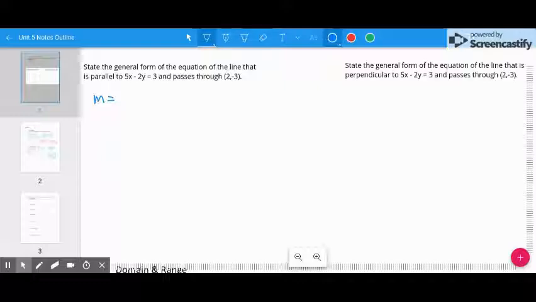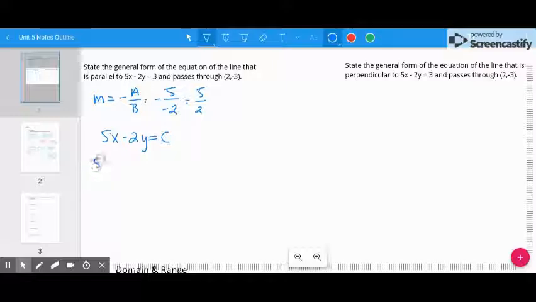So slope from general format is the opposite of A over B. In this case, it's the opposite of 5 over -2, so just positive 5 halves. Then, all we need to do is find the C value. If the slope is the same, we could go straight to 5x minus 2y equals C. But we don't have C, so what I can do is plug in the ordered pair.